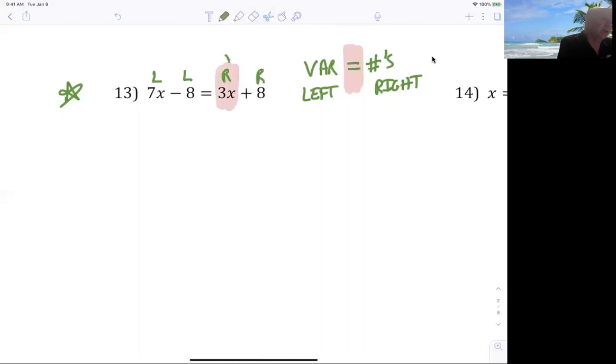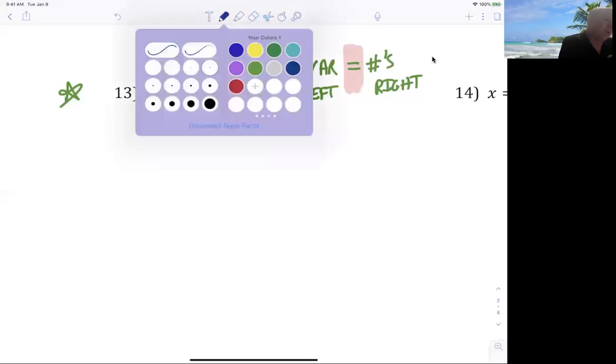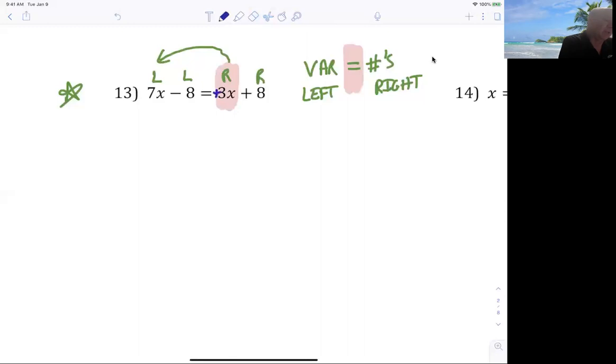This guy has to come all the way over with the other guy. All right, we want to combine variables. So how do I move that over? Same principle. If there is a plus 3x on the right side, you would do a minus 3x to move it to the other side.